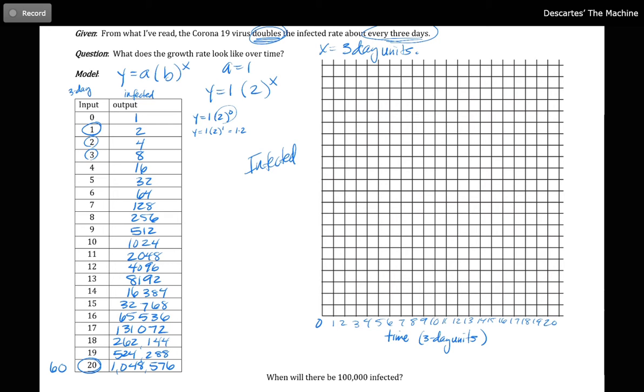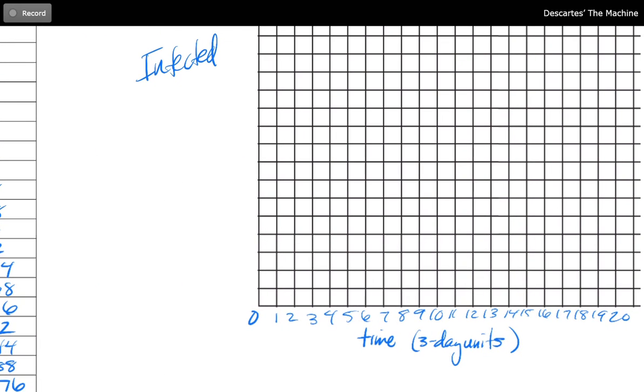I'm going to go by 10,000s, I think. So this right here is going to be 10,000. 20, 30, 40, there's 50,000. 60, 70, 80, 90.